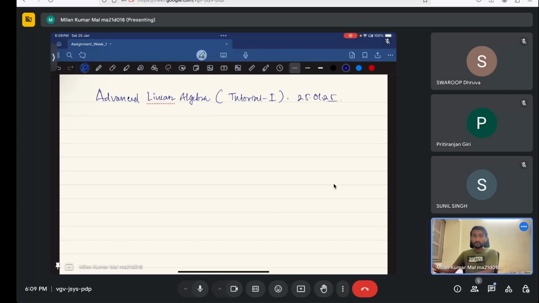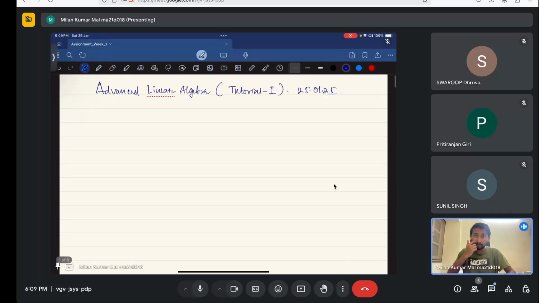So, first of all, we have done solution of linear equations either in class 10 or 9. Suppose we have a system of equations.